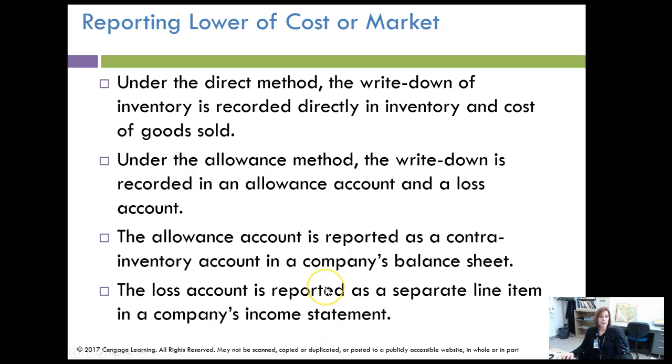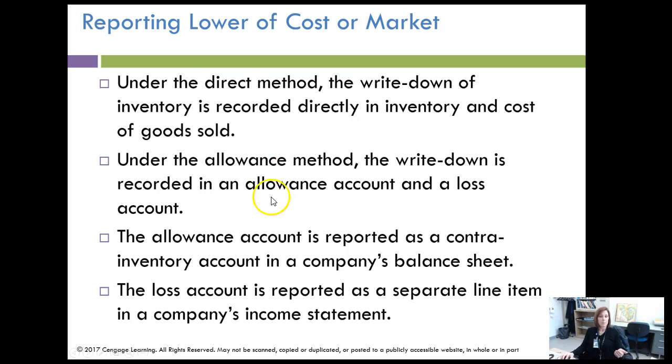So both of these methods are going to impact both our balance sheet and our income statement. It's just the method that they will appear. So on our direct method, we're going to have it recorded to set off our inventory, which will affect our balance sheet, and our cost of goods sold, which will reflect in our income statement.